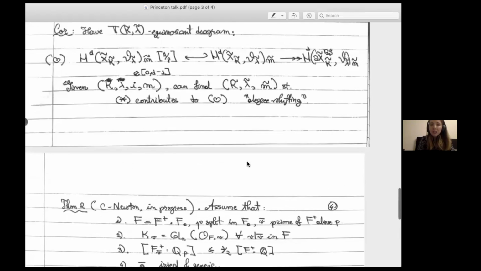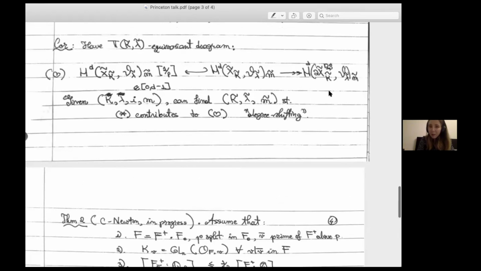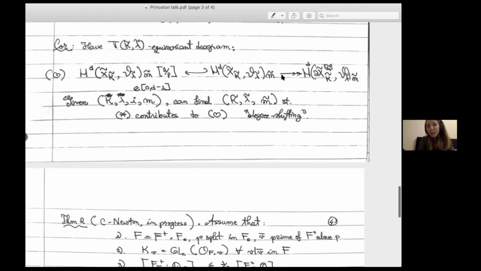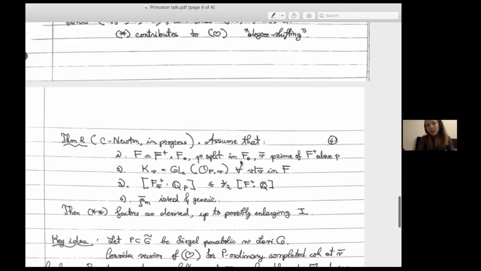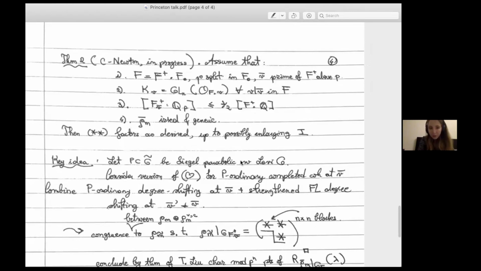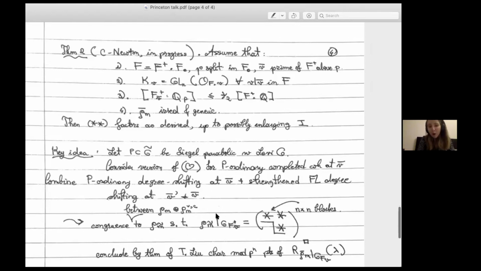And then you want to consider a version of this diagram where at the prime v you do not just have cohomology at finite level, but you really have P-ordinary completed cohomology. And you want to implement P-ordinary degree shifting at this prime and some strengthened version of the Fontaine-Laffaille degree shifting at the auxiliary primes.